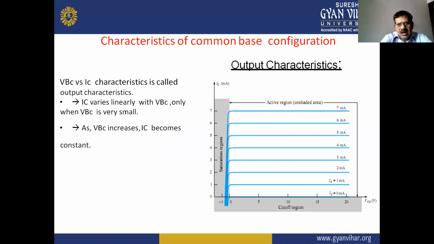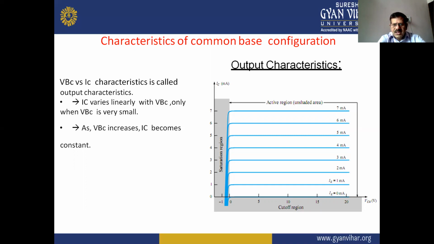Now we draw the output characteristics graph for the common base. We draw the graph between IC versus VCB, or output current versus output voltage. Here the output current is the collector current, which is in the range of milliampere, and the output voltage is the collector to base voltage, which is in the range of volts.